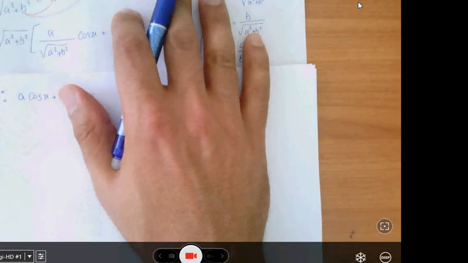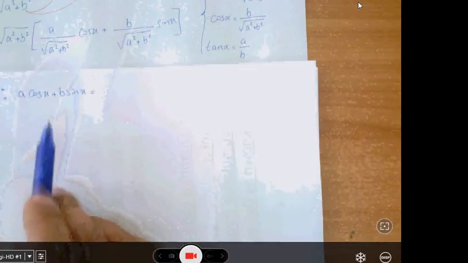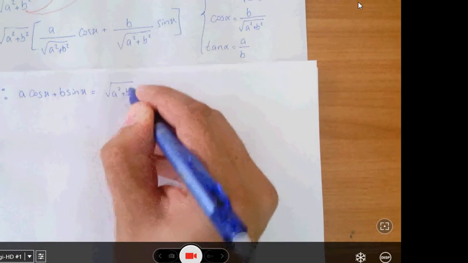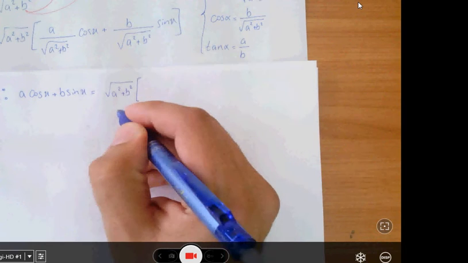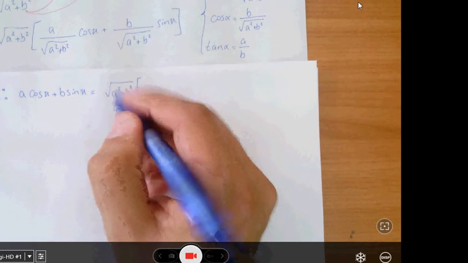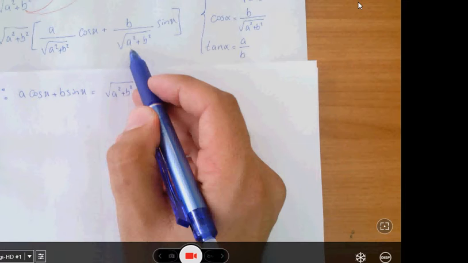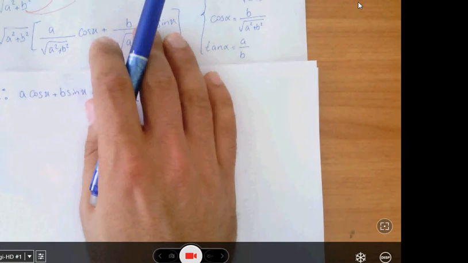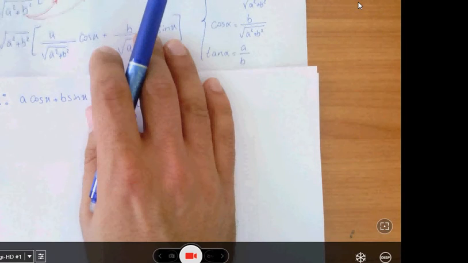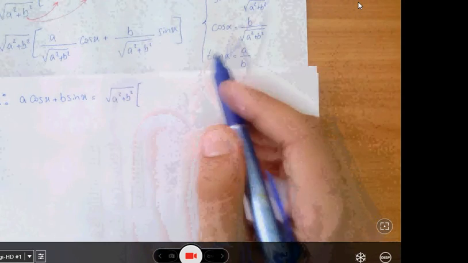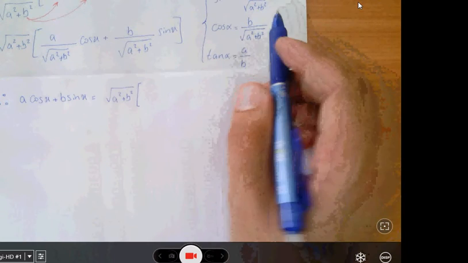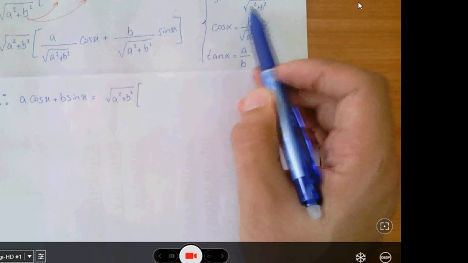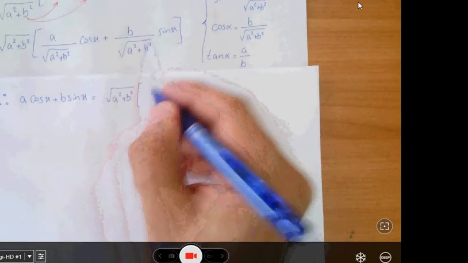It is the square root of a squared plus b squared, into the bracket of a over hypotenuse. Sine of alpha is a over hypotenuse, and I have a over hypotenuse, so I can substitute that by sine of alpha.